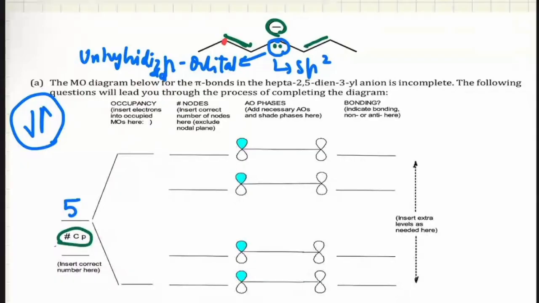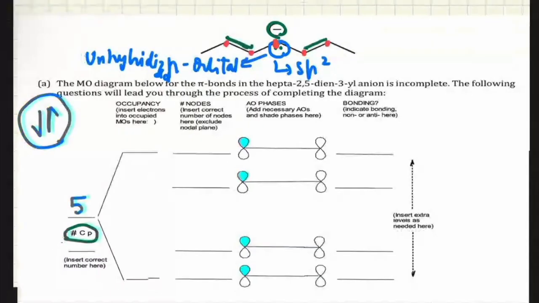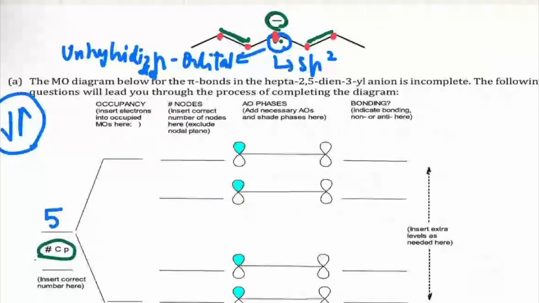And each of those p orbitals is going to be donating a pi electron, except for the middle one. For the middle one, just be careful. There is a p orbital there as well, but we already know it has 2 pi electrons, so we have to count that as 2 because that's the lone pair, but all the others will just give us 1 pi electron.